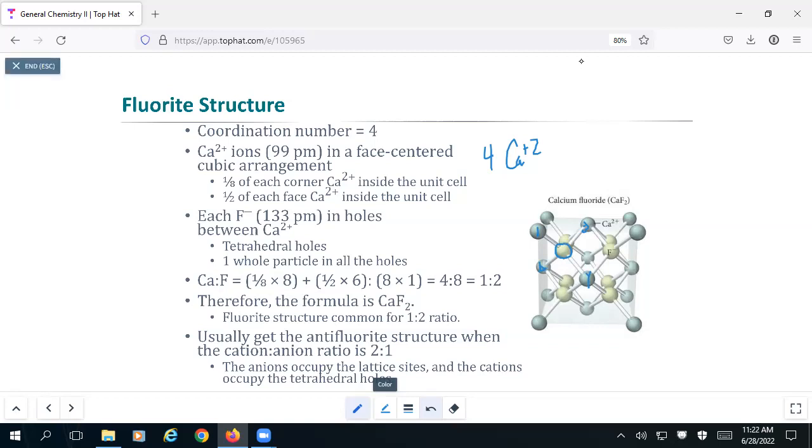And so we'll end up with 8 fluorides in total, because again, each one of those tetrahedral holes is on the interior of the cell. And so with 4 calciums and 8 fluorides, this is where we get calcium fluoride, CaF2.